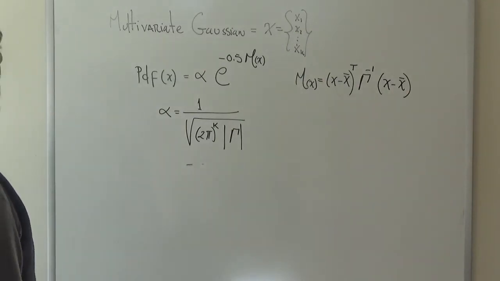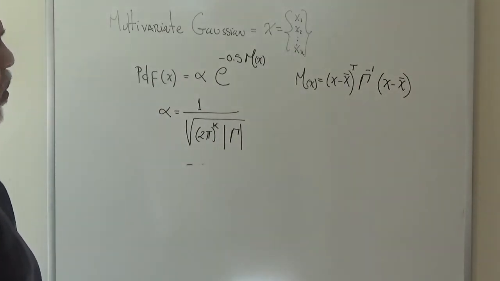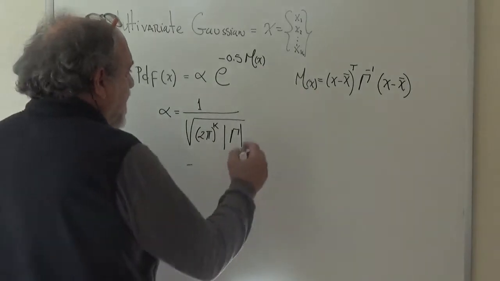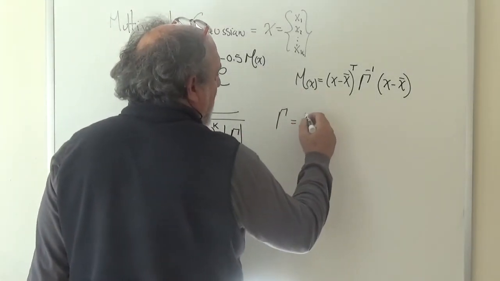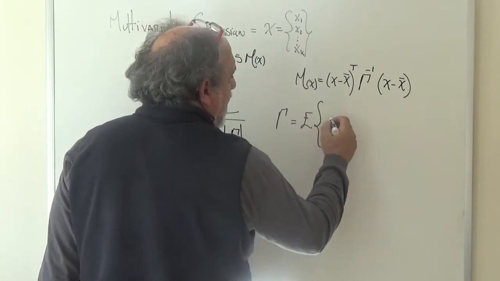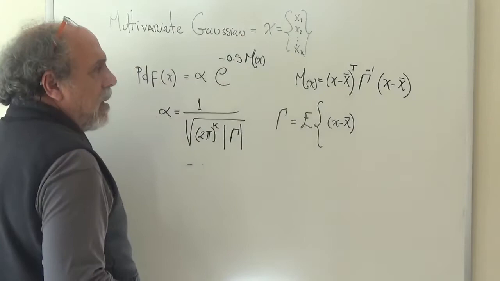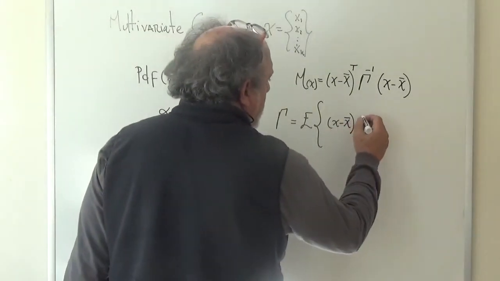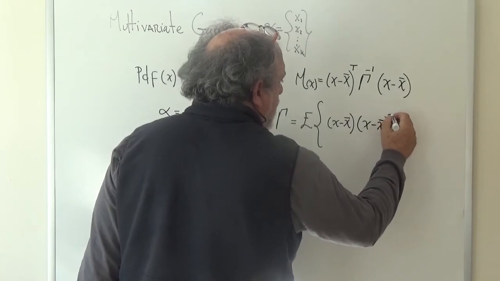Of course, this multivariate distribution works perfectly well also in the single-variable case. Oh yeah, I knew what it was. The covariance is the expectation of x minus the mean of x, multiplied by x minus the mean of x, transposed.